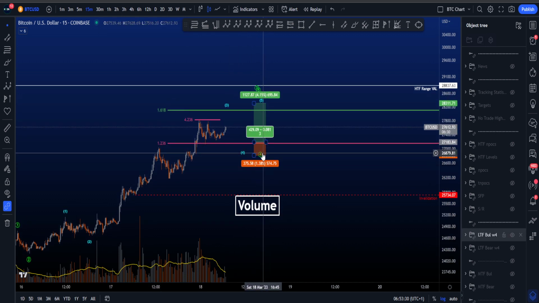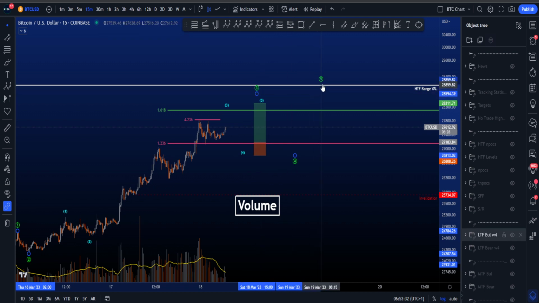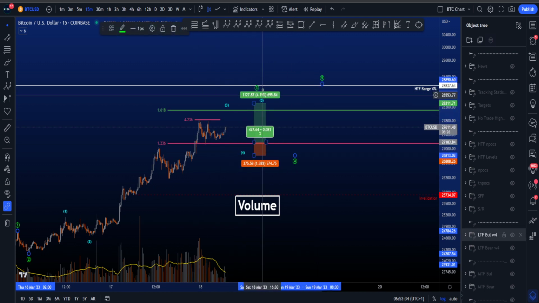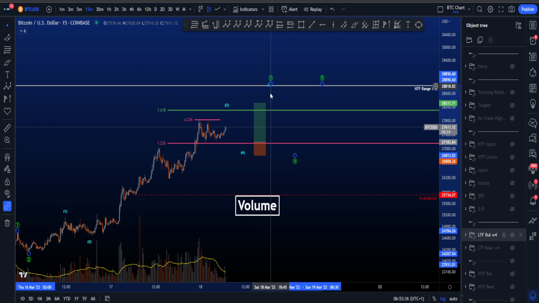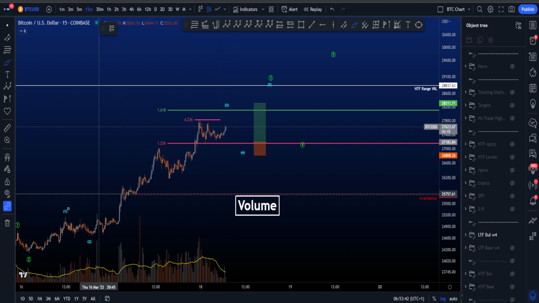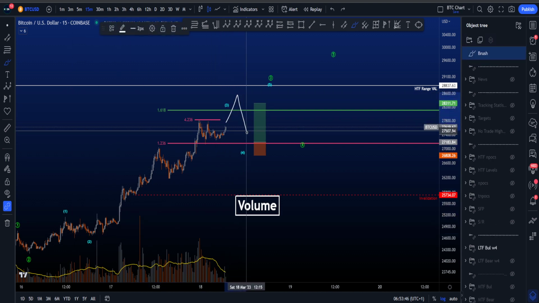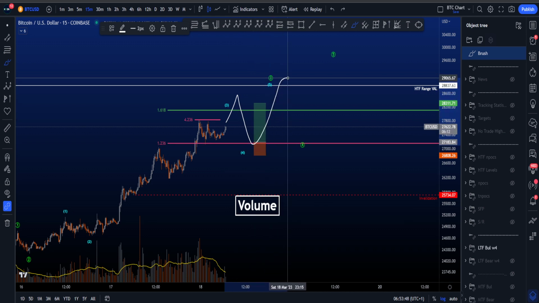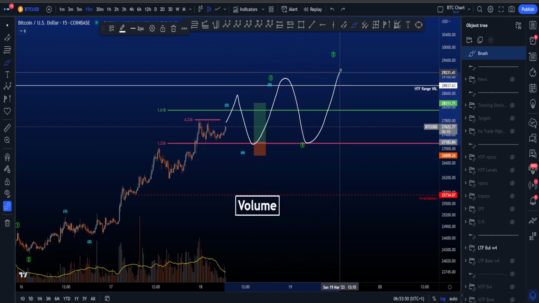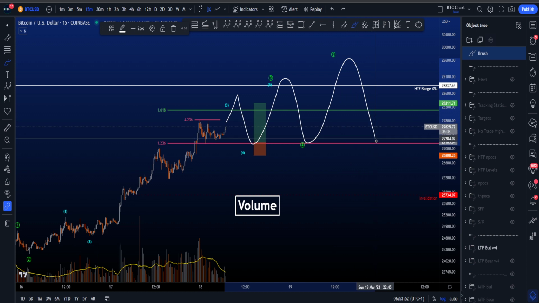Then we have the blue wave 4, and then we're going to range for a while, because they have a 3, 4. Then you have a little bit of a 5 ending 3, and then another 4, and then you have 5, which basically is going to look like: okay, we have this wave 3, right? And then the end of 3 is in, then we get a 4, then we get a 5, then we get a 4, and then we get a 5, and then you're finally going to turn around.